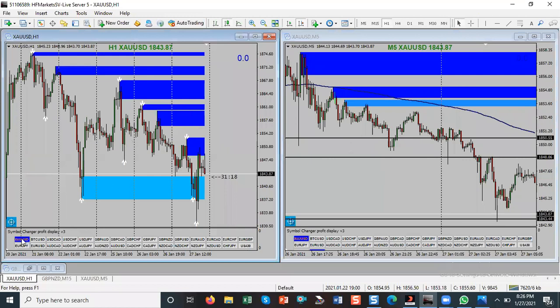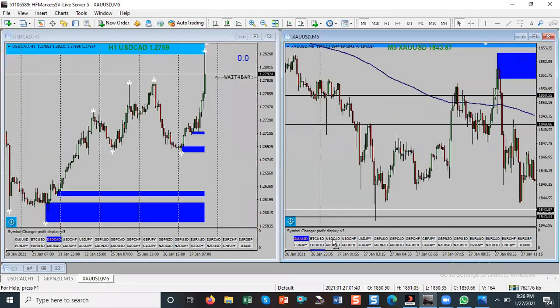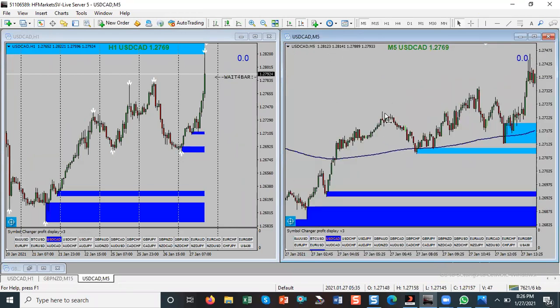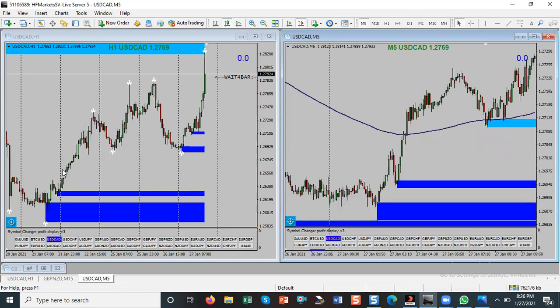It's the same thing for a buy. We took a trade today on USD CAD. USD CAD was a buy. Look at it here. So this is USD CAD. If you look at this place, you see that the market was in an uptrend and this zone was created.